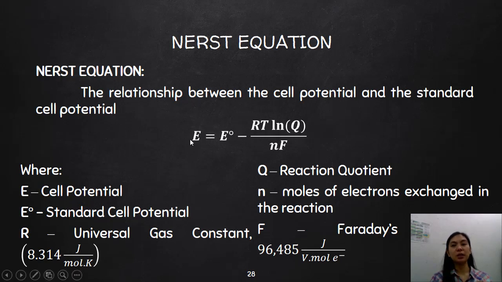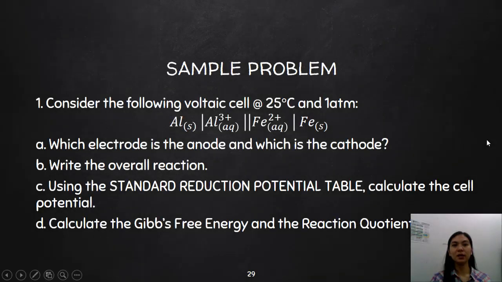However, for cell potential, pwede kasing hindi siya 298 kelvin or yung pressure niya is iba. So, again, pag standard kasi, kaya siya tinawag na standard cell potential kasi yung conditions are standard or ideal. However, pag cell potential, parang any other condition aside from the standard conditions.